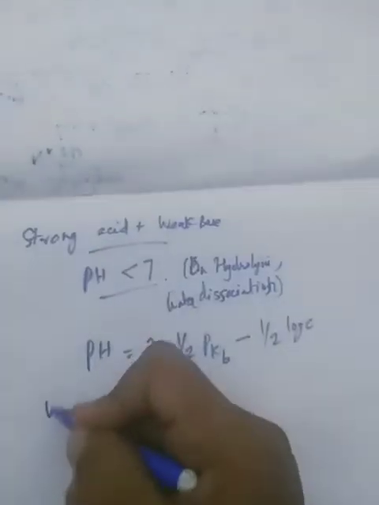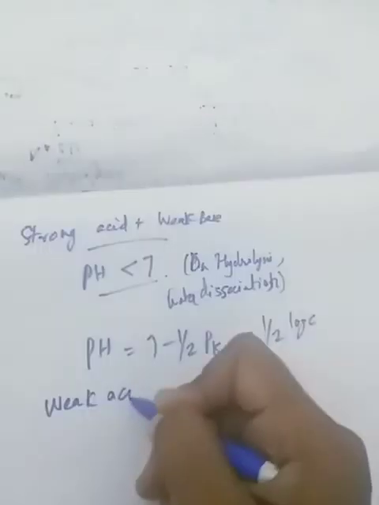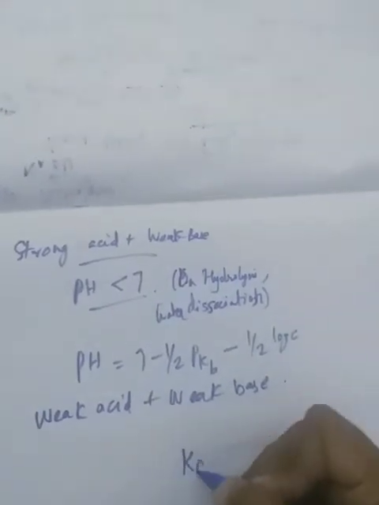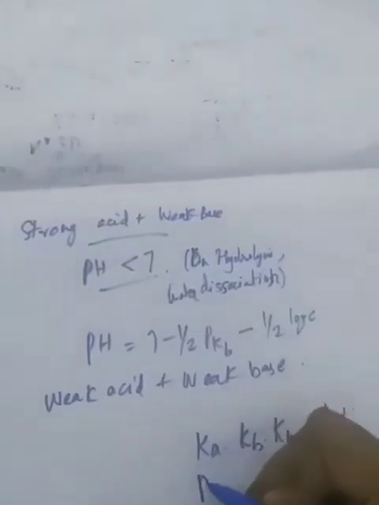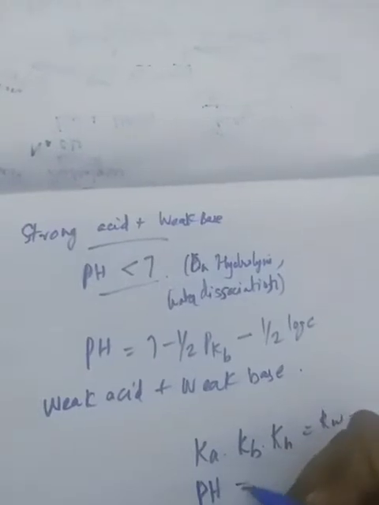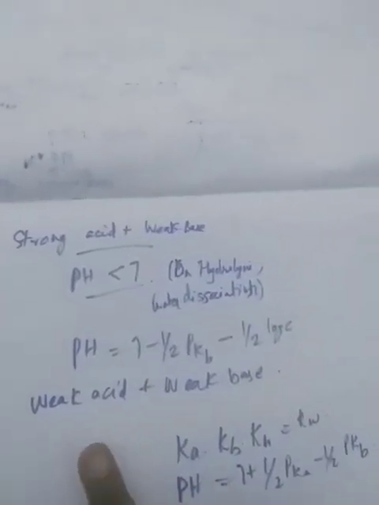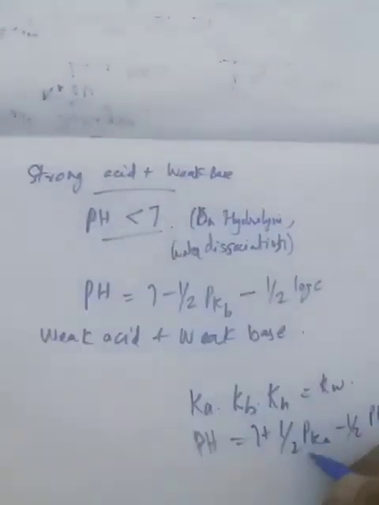So there is another condition called weak acid weak base. In this the equation will be Ka times Kb equal to Kw, Kh. So the pH will be 7 plus 1 by 2 pKa minus 1 by 2 pKb.